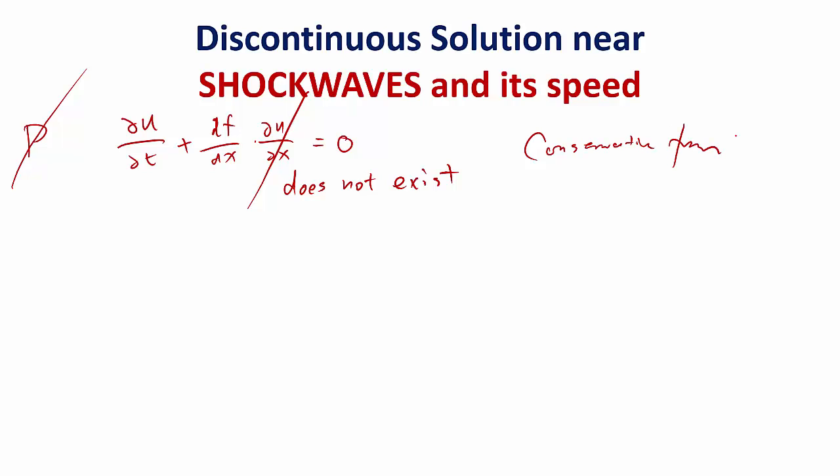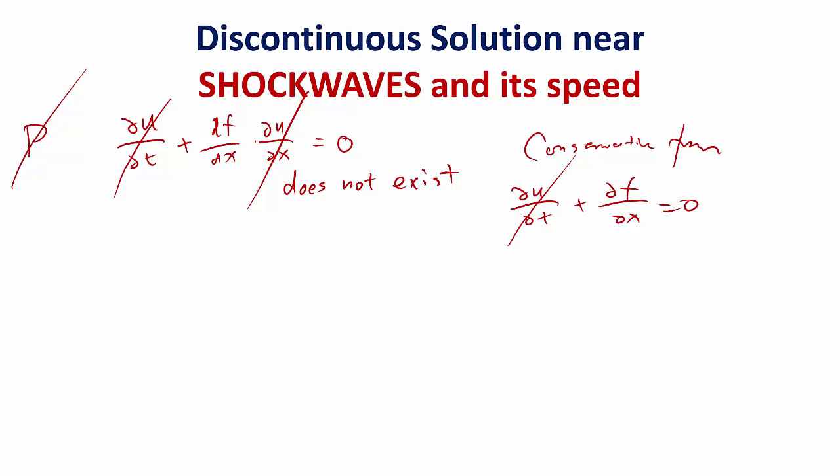The conservative form, how about the conservative form? Remember partial u partial t plus partial f partial x equal to 0? How about looking at that? When du dx doesn't exist, maybe f is still continuous? Not really, because as long as the shockwave moves, partial u partial t doesn't exist.